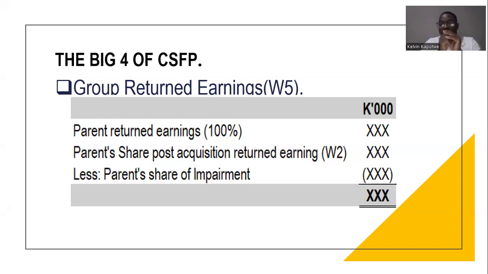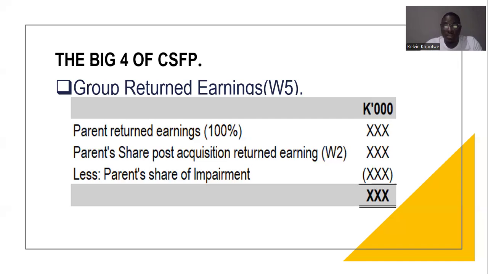So you need to understand what is happening, who's selling to whom. Okay, provision for unrealized profit, we have to deal with it. We can deal with issues to do with unrealized profits on non-current assets as well, or unrealized profit on inventory. So we need to understand all those aspects.